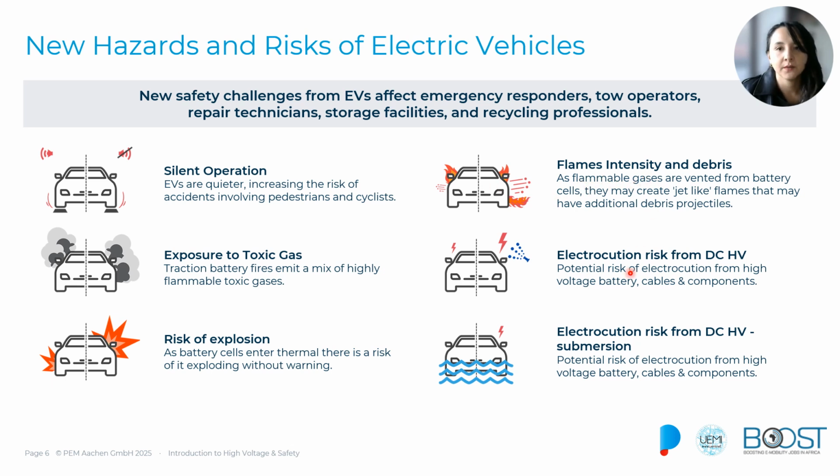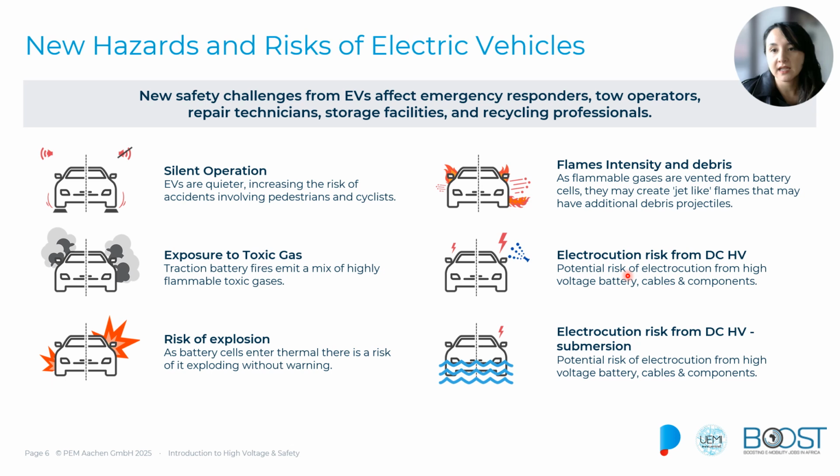Also, we have, of course, the electrocution risk that is inherent to high voltage systems. EVs operate with voltages that can go up to 800 volts. Even right now, there are systems with a voltage higher than 1000 volts.